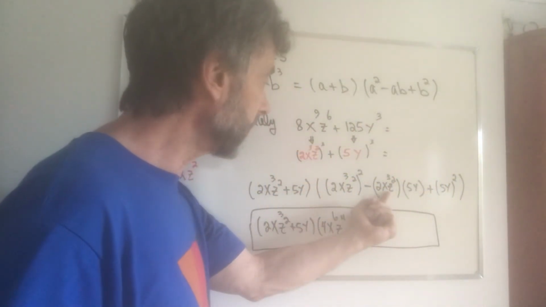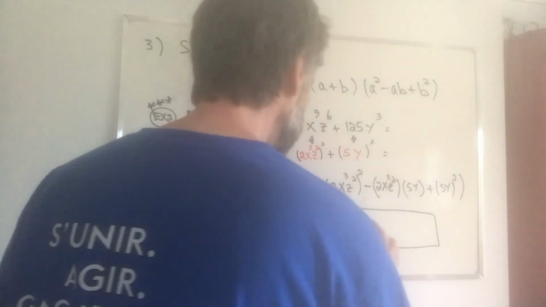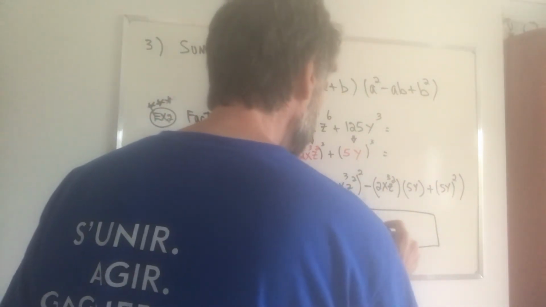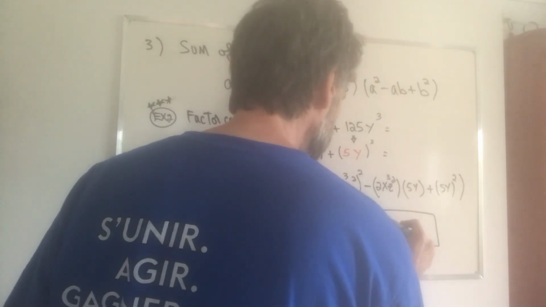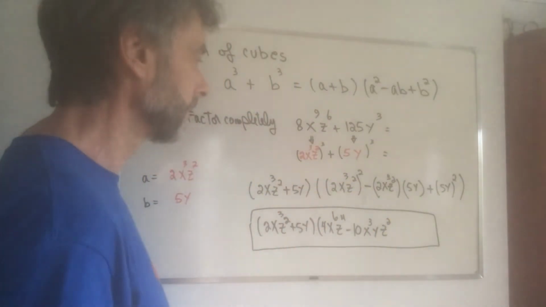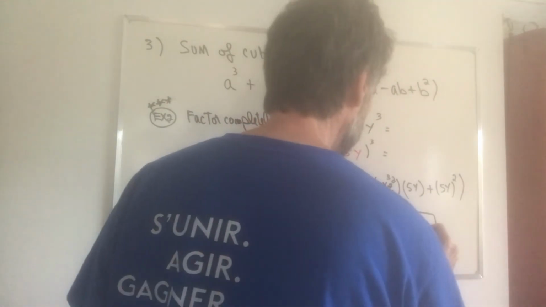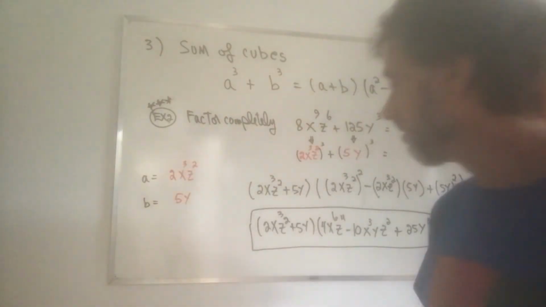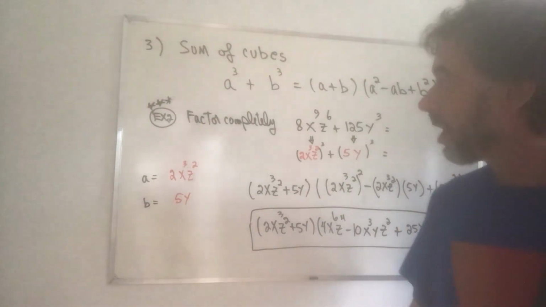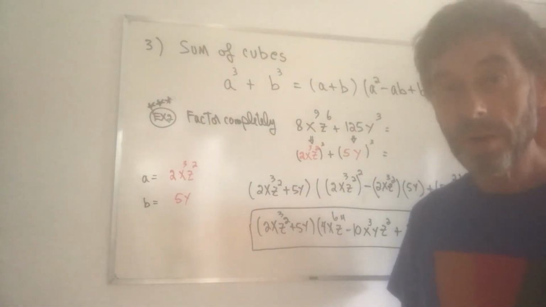Agreed? 2x^3z^2 times 5y would actually be minus 10x^3yz squared, plus the final one is easy, it's 25y squared, and that is the final answer to this 3-star problem, sum of cubes. C'est bon?